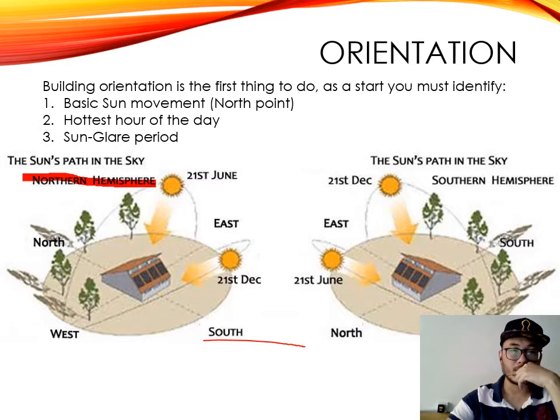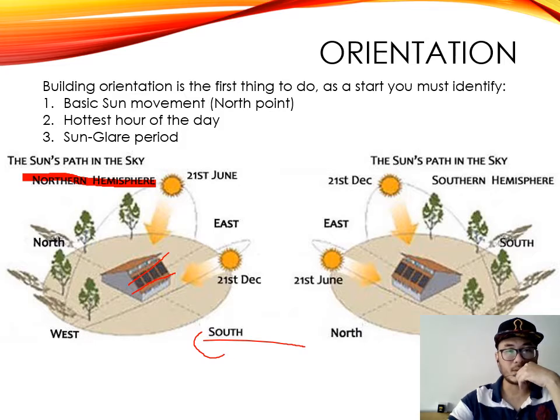So most of the time the sun is on the south of the building. When you design your building, you can see here they put the solar panel or photovoltaic on the southern side of the roof.